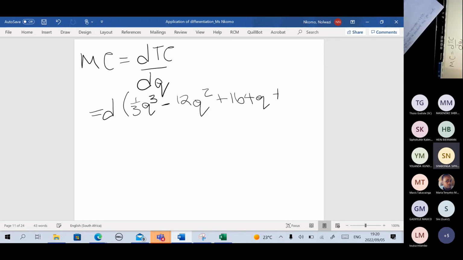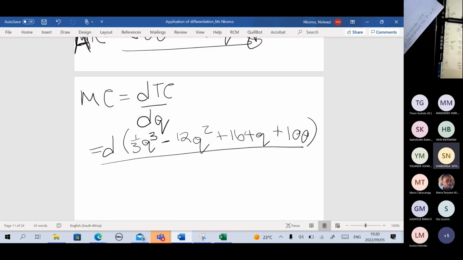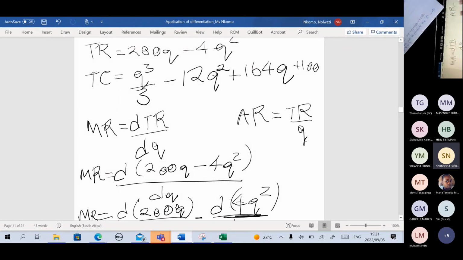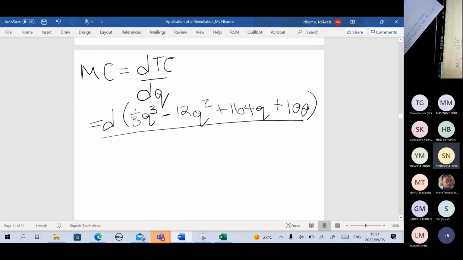The 1/3, how did you get it, ma'am? We were given Q cubed over 3. Oh, okay, I see it. It's the same as 1/3.